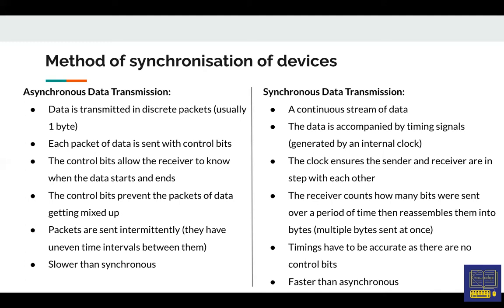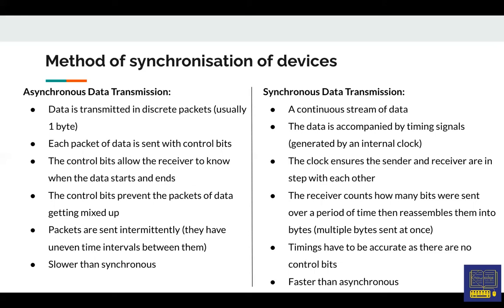So this time interval is very uneven. But again, the general idea with asynchronous is we're sending it as separate discrete packets, and that is how it contrasts with synchronous data transmission, where we're sending the data as a continuous stream. We're not stopping, we're not waiting, we're just simply sending the data. So now the question arises: how are we supposed to ensure the sender and receiver are on the same page?